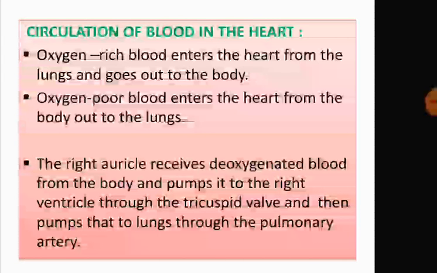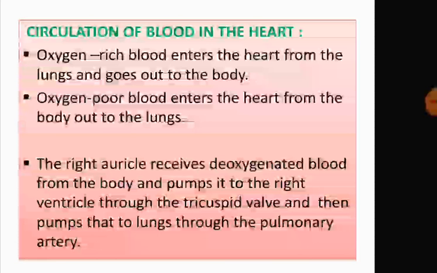So the mouths of these pocket-like valves at the base of these two blood vessels face away from the ventricles. The pulmonary artery contains the pulmonary semilunar valve, and the aorta has the aortic semilunar valve. Their functions are the same.